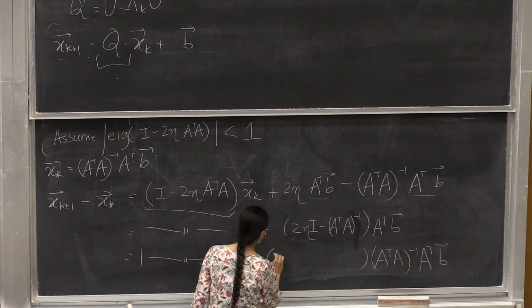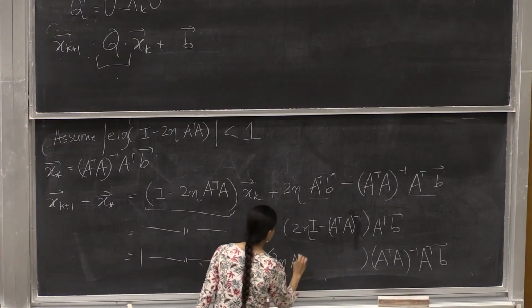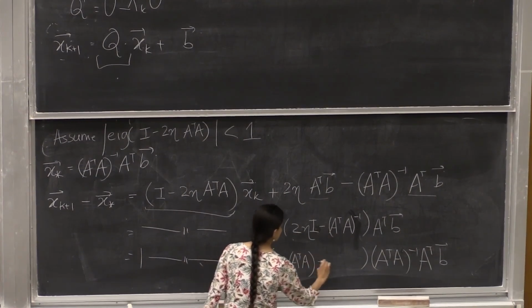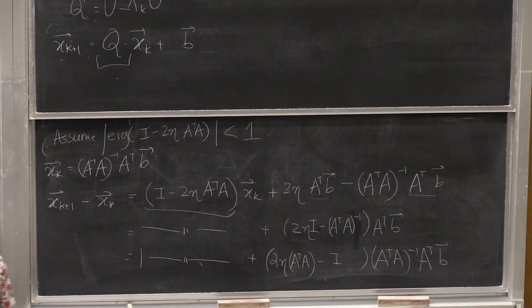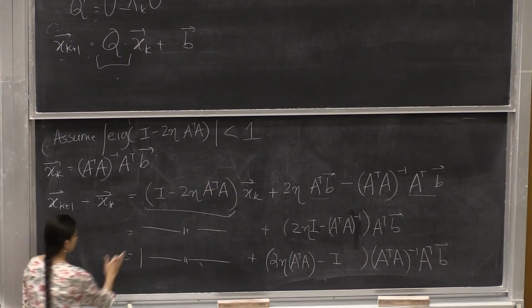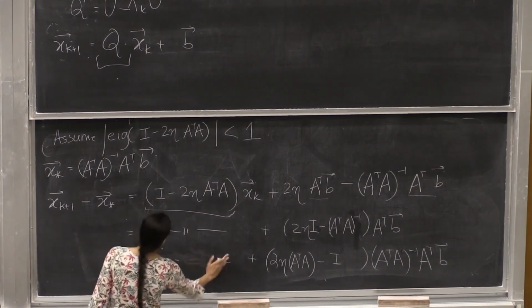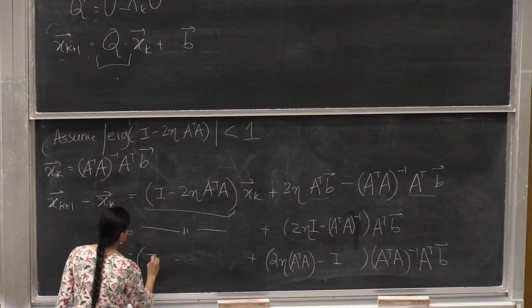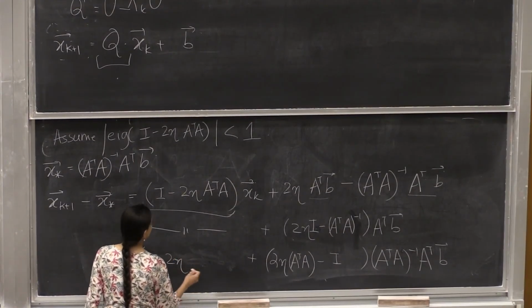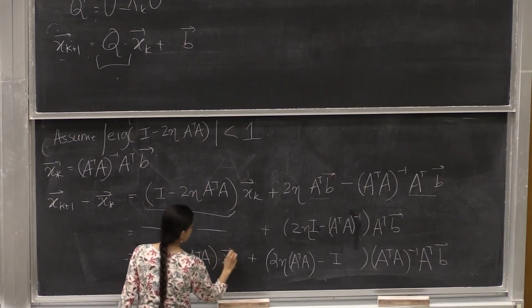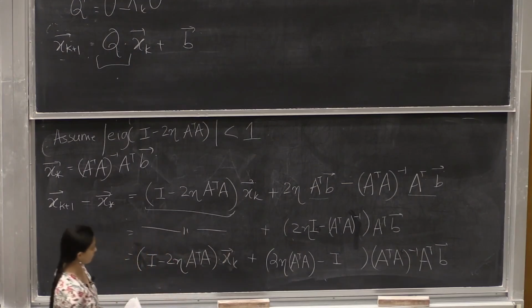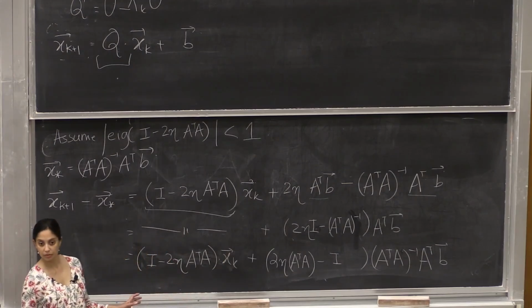And then I get here 2 eta A transpose A minus identity, right? I'm literally pattern matching to make this work. And so if I just fill in what I have here, very convenient, right?